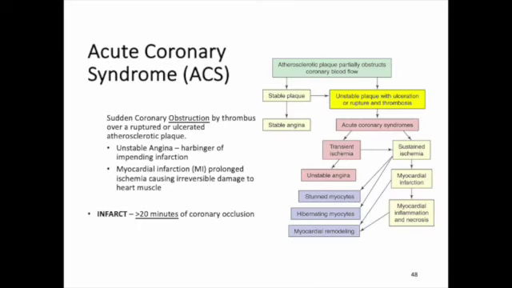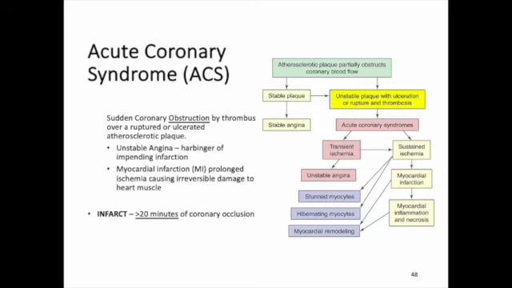When we talk about acute coronary syndromes, this is when there is a sudden coronary obstruction that could be caused by a blood clot over a ruptured or ulcerated atherosclerotic plaque, or you have ischemia that's occurred. When you are in acute coronary syndrome, this will also include angina and possibly infarction.